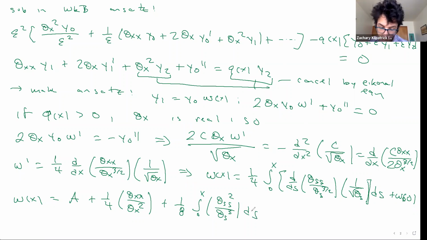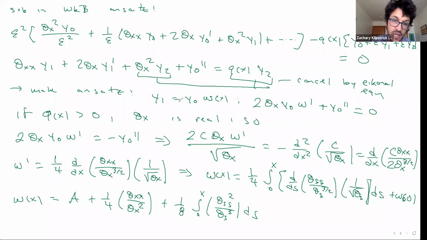And the point is that we can get some expression for w of x in terms of theta. Now we don't know what q is, so we're not going to know exactly what theta is, but the point is we can get some expression for w, which allows us to compute y1, which is going to be our next order corrective term.